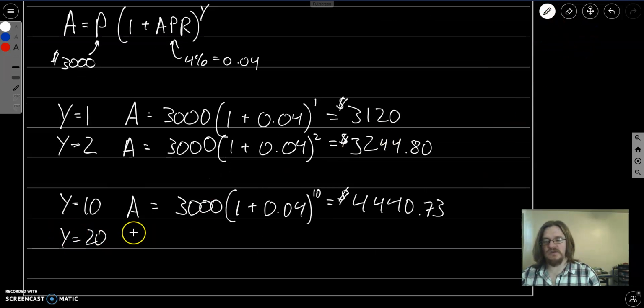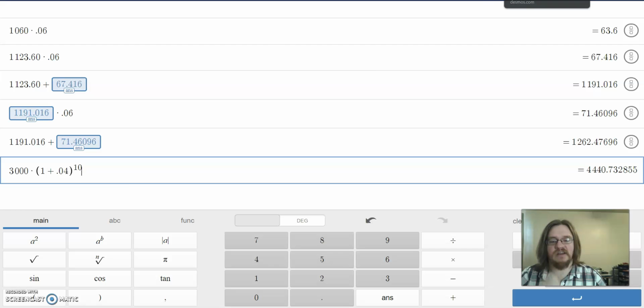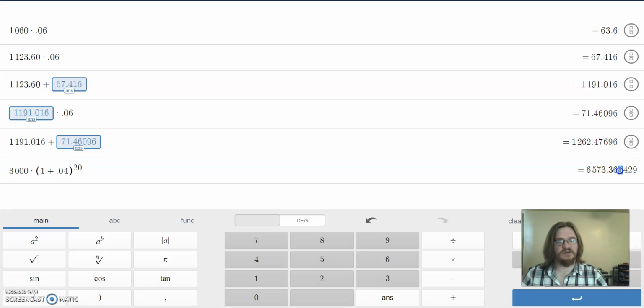20 years. So again, we have the same formula, but we're going to raise it to the 20th power because there are 20 years that we've been investing this. So if we come back up here and change the 10 to a 20, we have $6,573.37 since we're going to round up.